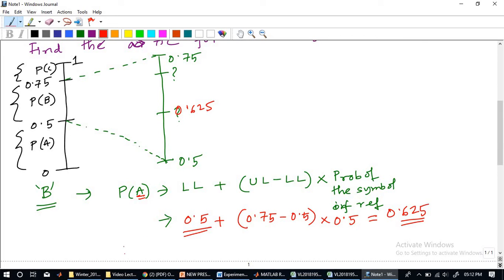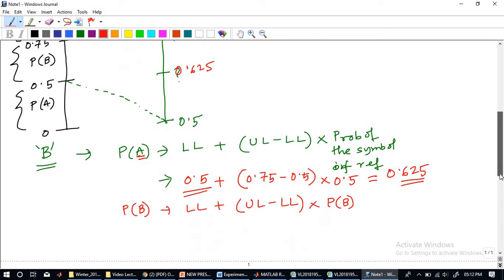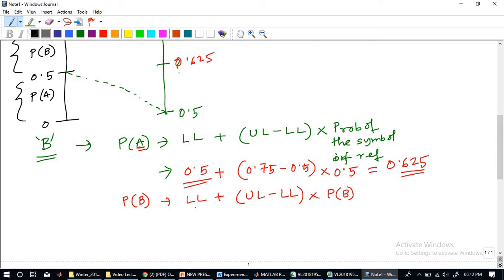So when you are calculating P of B and you are checking this lower limit plus upper limit minus lower limit multiplied by P of B, your lower limit becomes 0.625 plus this will remain unchanged. Unchanged means this will be 0.5 as it is. This is the previous or the whole range of upper limit minus lower limit. Please be careful.